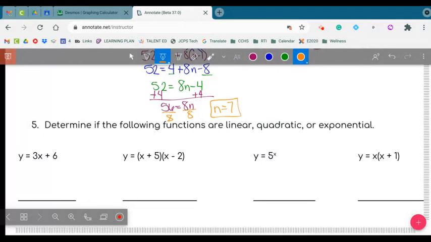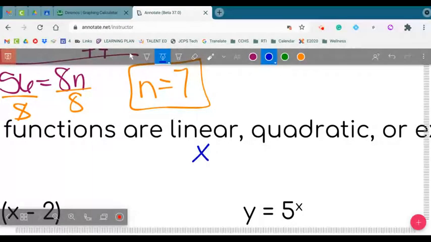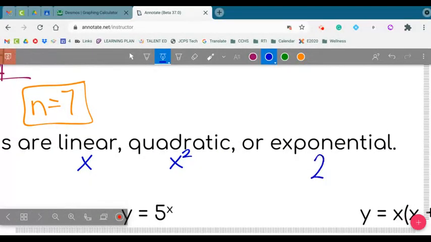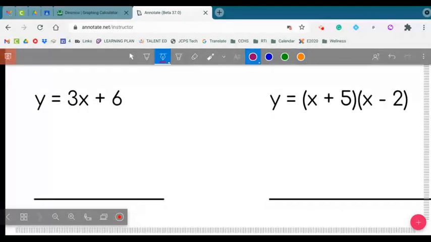Next, it says determine if the functions are linear, quadratic, or exponential. So to review, linear is whenever we just have an x. Quadratic is whenever we have x squared. So technically we have 2 x's listed. And then exponential is whenever our exponent is an x. So our first one, we have 1x, so this is linear.